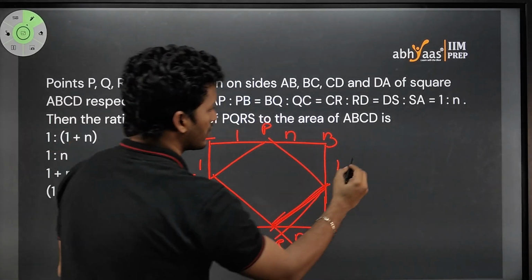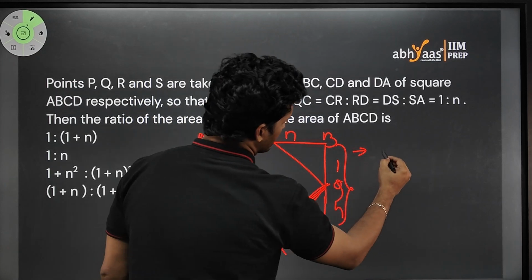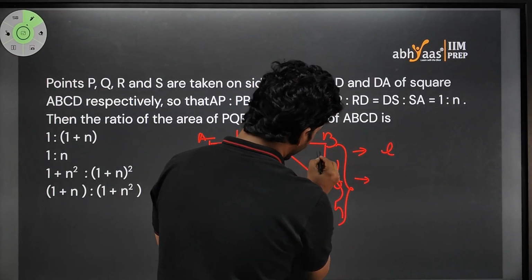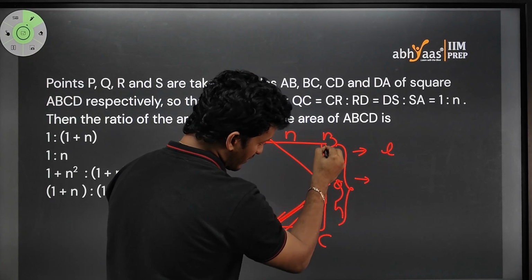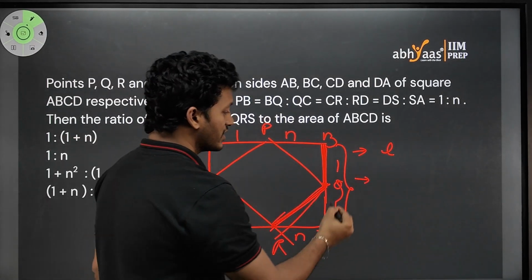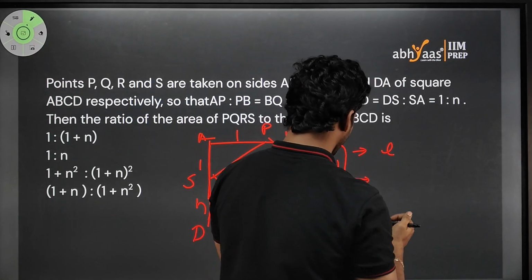So how to do it? Let us say the length of the square is L. Then what is the length of the line segment which has been divided by Q in the ratio of 1 is to n? It's not bisected, it's been intersected.